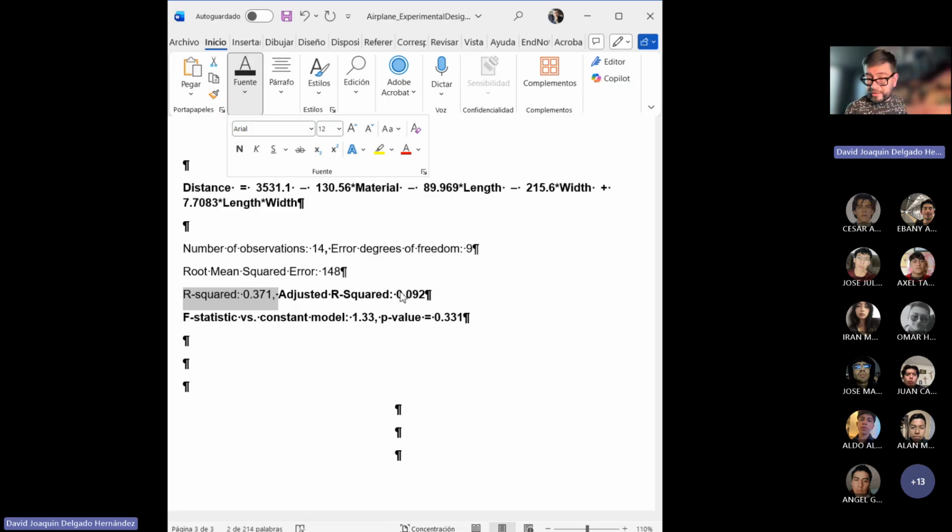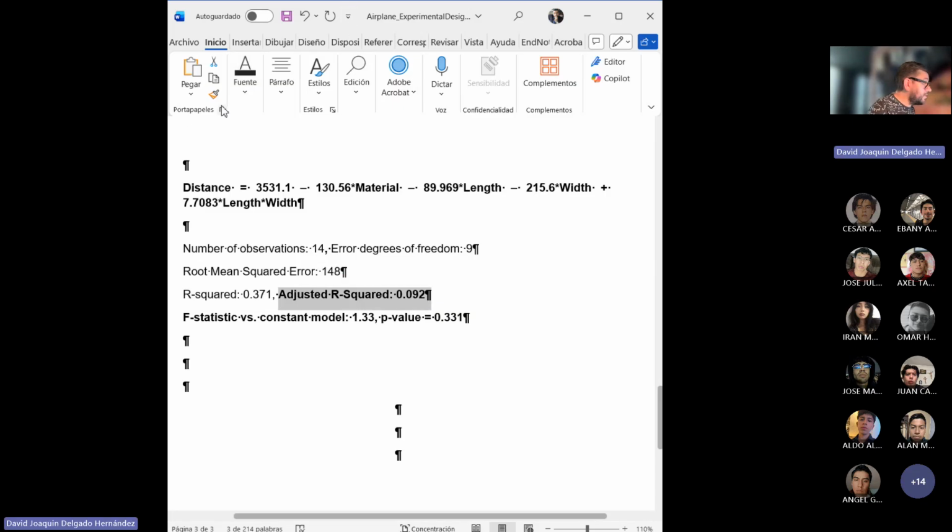The closer to one this quantity is, the better the model for me to predict. If I have a model which is exactly one, this is a perfect model. This model will predict exactly the quantity of centimeters that my airplane is going to fly. But we can see here that it is just 0.37. So this means that this model is only 37% good. It is not 100% good. Okay, I will explain in a moment.